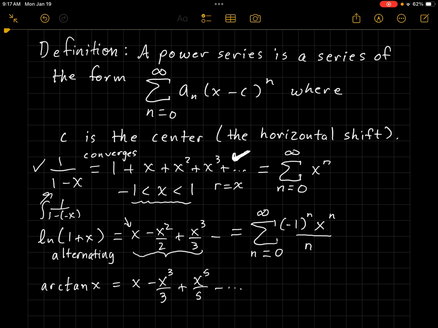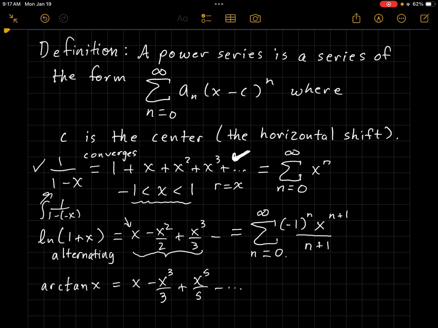Now I'm going to check myself. I decided to start at n equals 0. If I plug in n equals 0, I get x to the 0 over 0, which is not my first term. So what if I modify this to n plus 1? Does this work now?